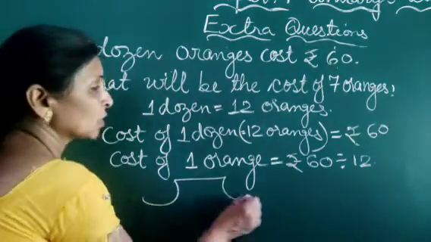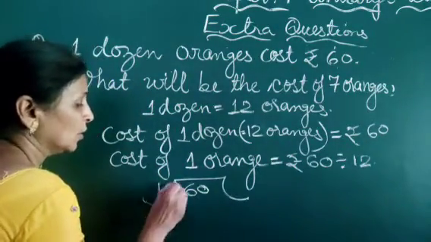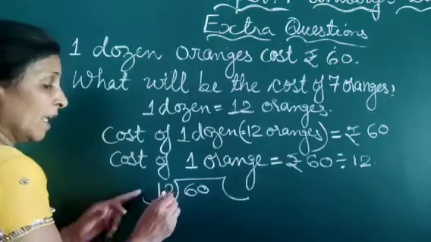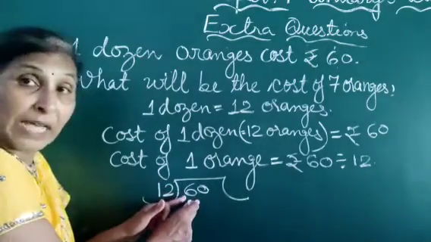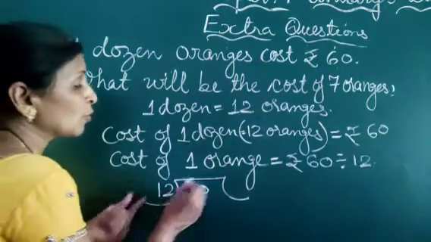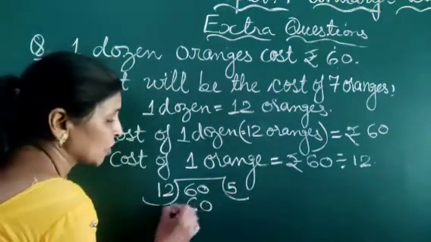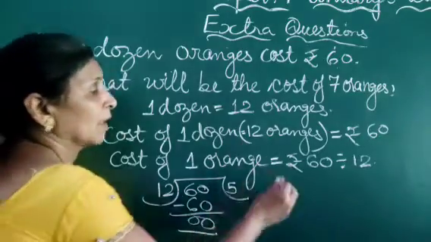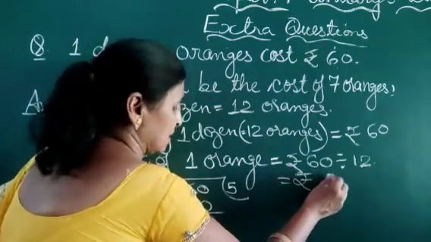Now we divide it. 60 divided by 12. In the table of 12, how many times does 60 come? We know 12 fives are 60. We write here rupees 5.